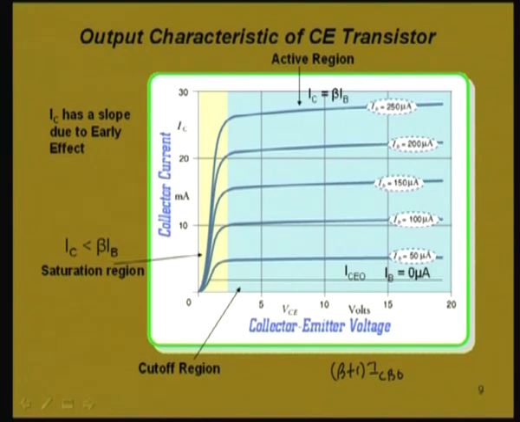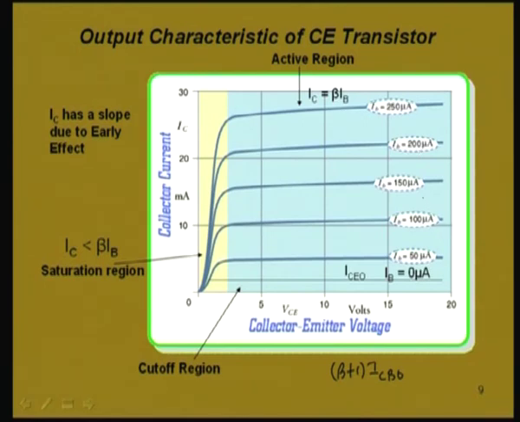So, it is assumed that beta is constant, and beta times IB will be the IC. We can actually calculate what will be the IC if we know the value of beta. Here we see IB of 50 microampere, then it is increased to 100 microampere, 150 microampere, and so on, in steps of 50 microampere.